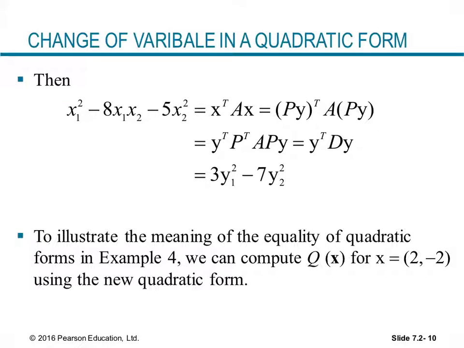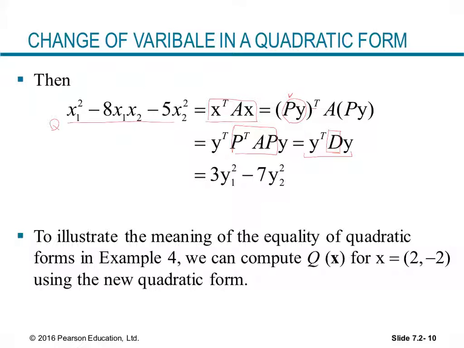The quadratic form Q in terms of the x variable can be written with respect to the matrix A, and if we consider the change of variable using this P matrix, where P is constructed using the orthonormal eigenvectors of A, then when you perform this transpose, we get P transpose A P, and since A is orthogonally diagonalized to this D matrix, and please remember that D consists of the corresponding eigenvalues of matrix A, the quadratic form is simplified to this.